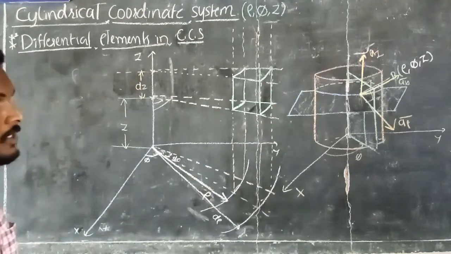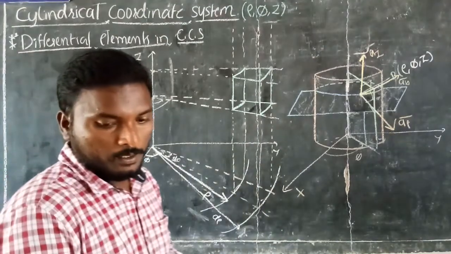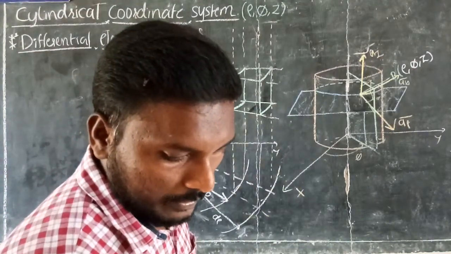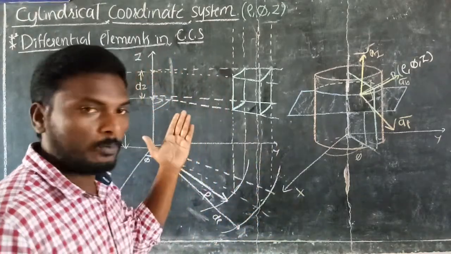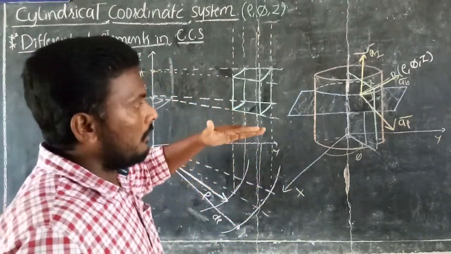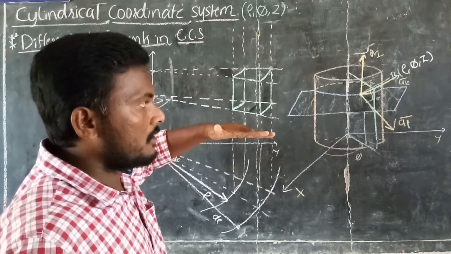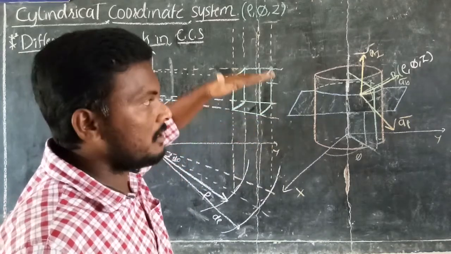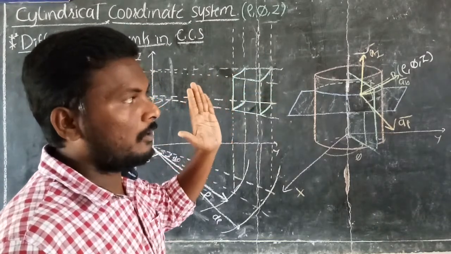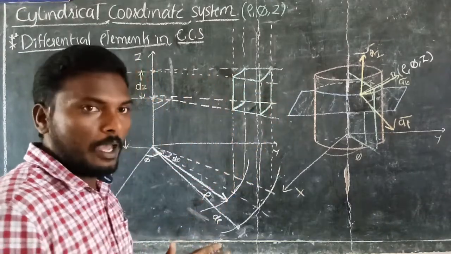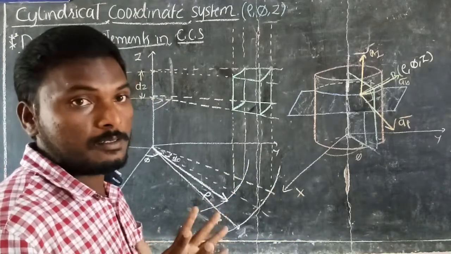So the final conclusion here is, if you increase the radius of the cylinder from rho to rho plus d rho, the constant z plane length from z to z plus dz, and the angle from phi to phi plus d phi, we have 6 surfaces.